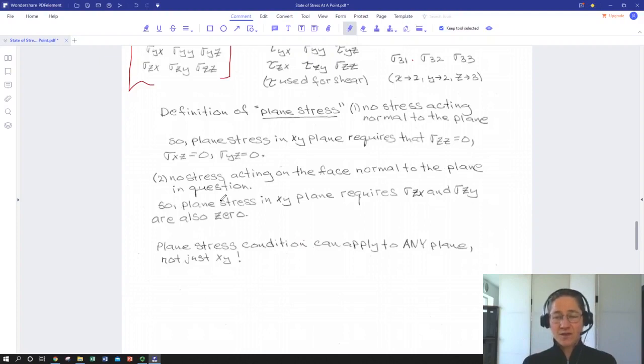So when you see something thin, or you see a free surface, you can think plane stress. Certain portions of that stress tensor are automatically zero in those cases. You can have plane stress in any plane, not just the xy, but the yz and the xz.